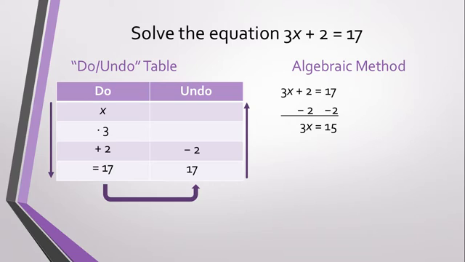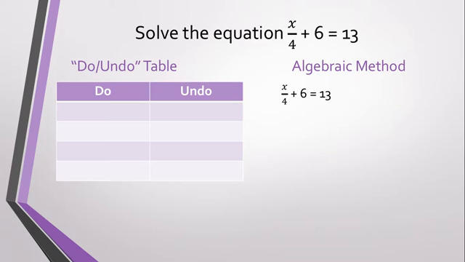Since we multiplied by 3, we need to divide by 3, and we get 5 as our answer. So everything that we undid in the undo column of the table is done in the algebraic method as well. Let's look at another example.